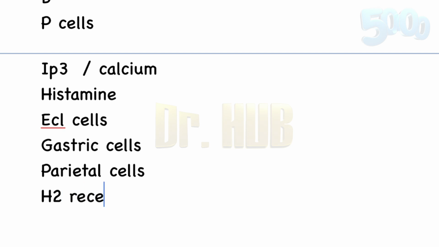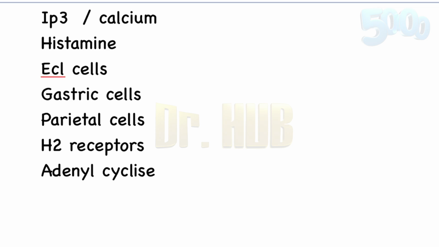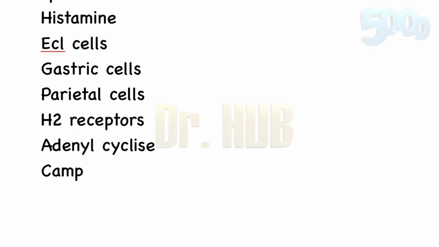The H2 receptor is coupled with adenyl cyclase via the Gs protein, and cAMP is the second messenger for histamine. This is also important.